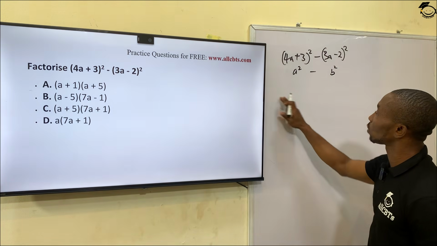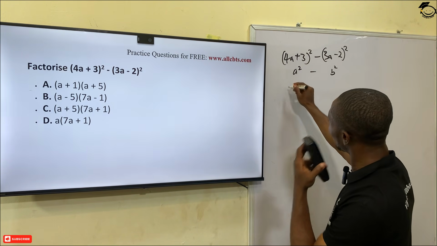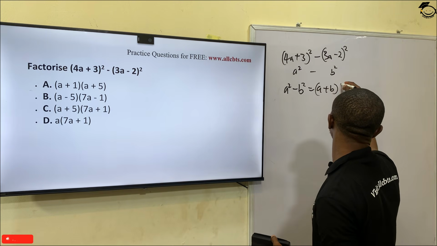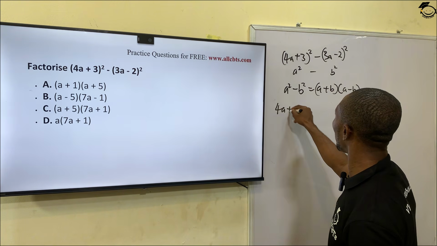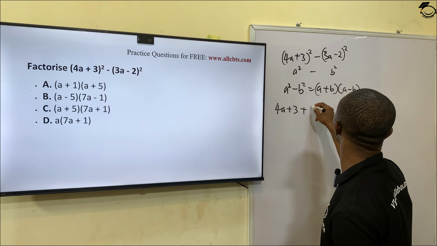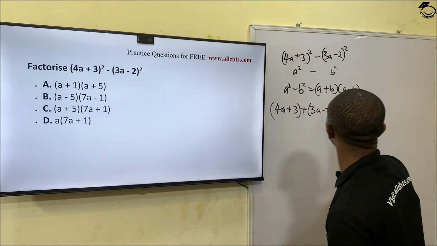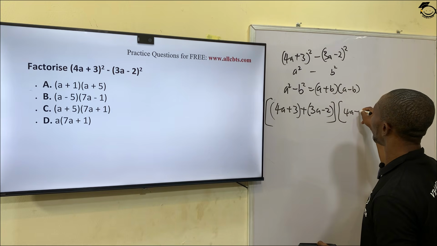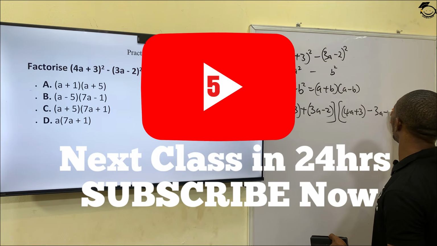So applying now the difference of squares rule here, for a squared minus b squared it will be a plus b, a minus b. So here where a is 4a plus 3 plus 3a minus 2, times 4a plus 3 minus 3a minus 2.